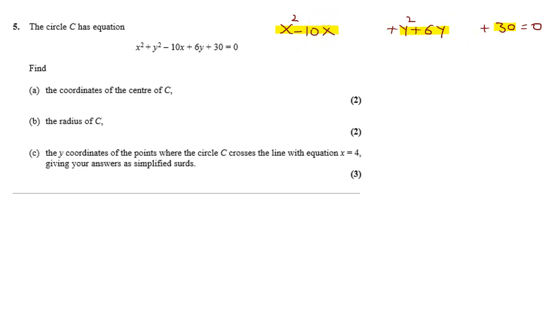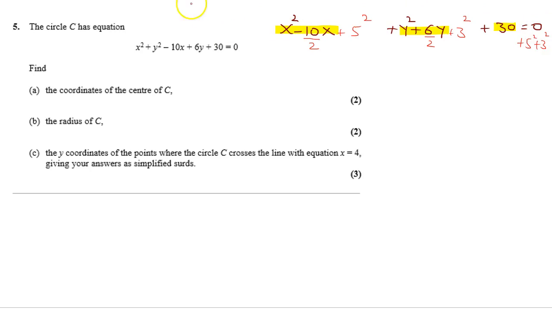Now whatever we have the coefficient with x or the coefficient with y, divide by 2. With y, 6 divided by 2, and this is 5, and you add 5 square here, and here this is 3 square. Then with the 0 you also add 5 square plus 3 square.